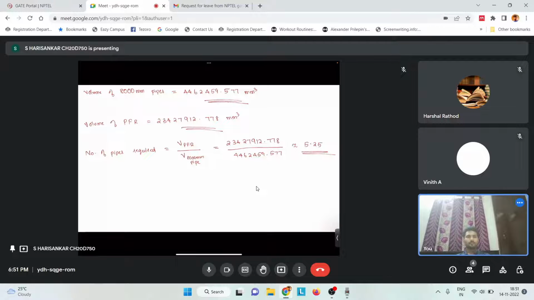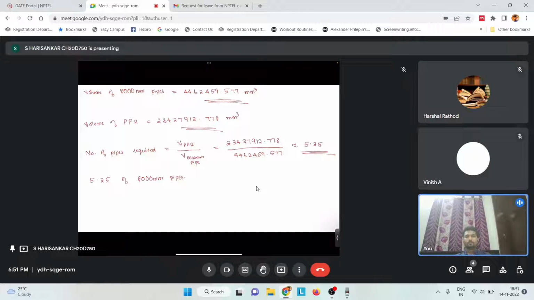Now the thing to note here is that this mathematics says that we need 5.25 of such 8000 mm pipes, but practically taking a fraction of a stainless steel pipe is not ideal, or it is not practical.